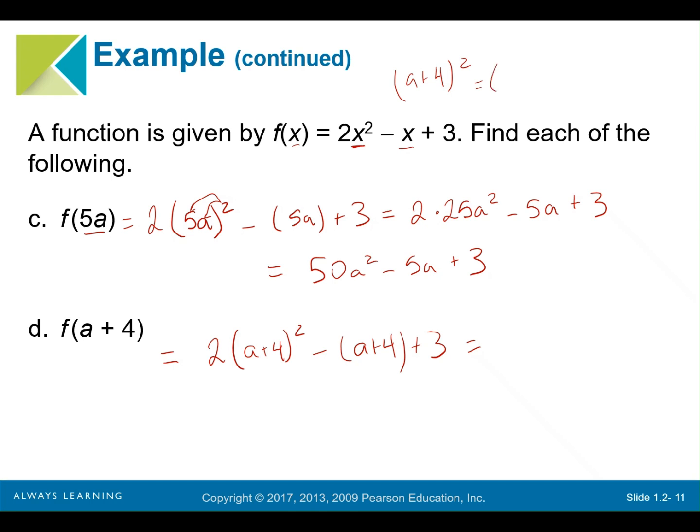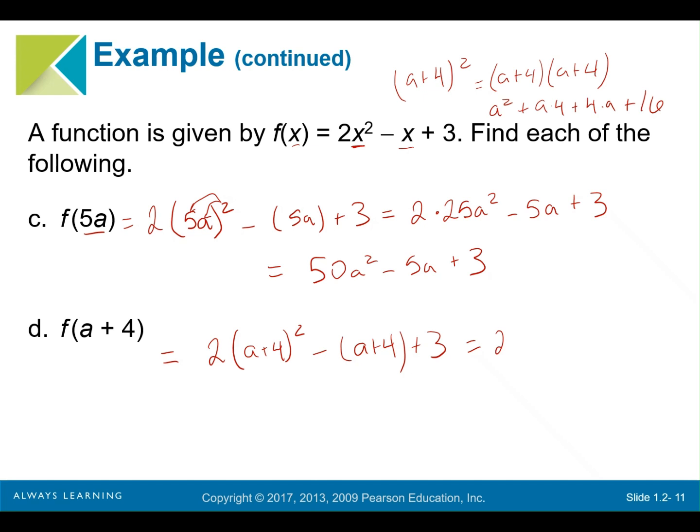So this guy, instead, we got to FOIL it all the way out, which, if you remember, is doing first, outer, inner, last. So we're going to multiply the first, which is a squared, a times a. And now we're going to do the outside, so that's a times 4. Now we have 4 times a, and then the last, so 16. So we've multiplied all the different components in here, and that's what we get for that first bit.